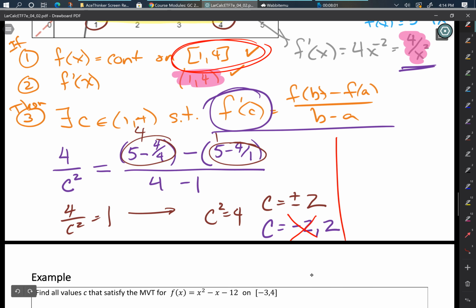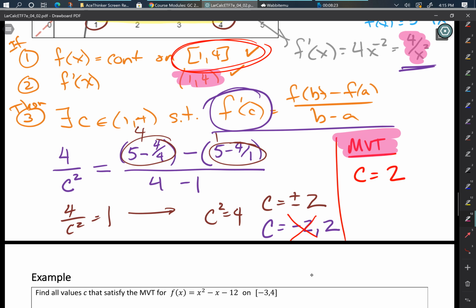So the only value that matters is the solution for the mean value theorem, when c is equal to 2.